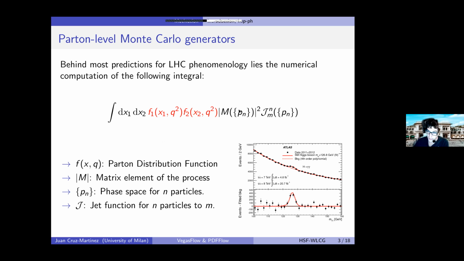So the matrix element, which basically contains the physics of the process. Then you would have your jet function and the phase space, which defines the region of integration, and then the parton distribution functions that define the initial state.